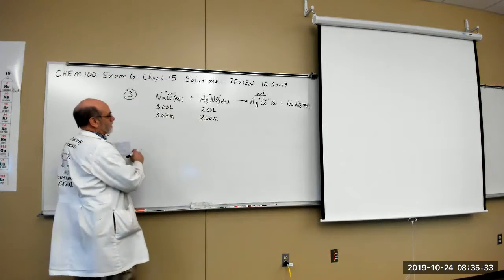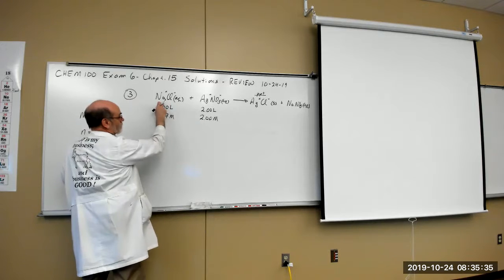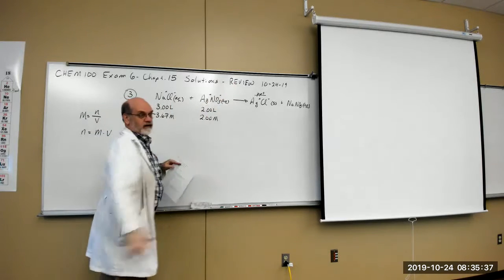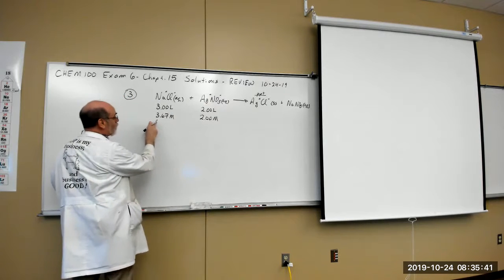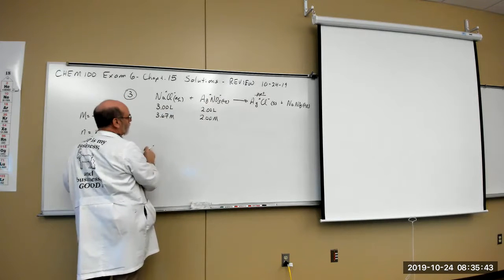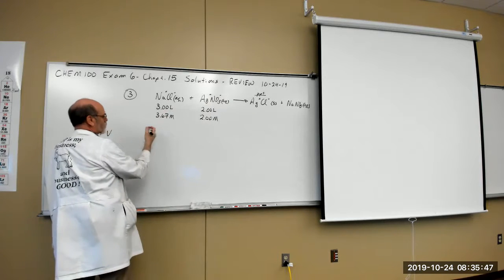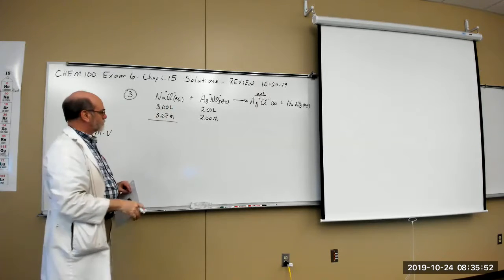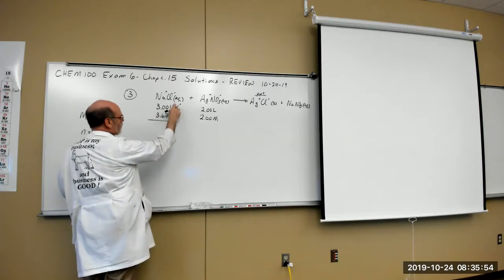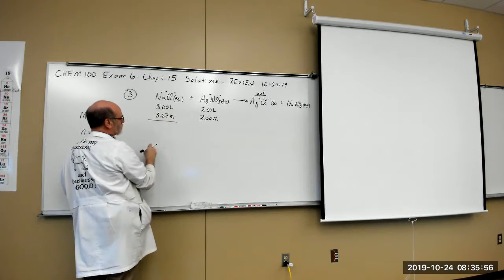So that means this is a balanced equation, right? It's just 1 to 1 to 1, all the way across. So we need to know how many moles of chloride. Well, which one's limiting? Let's put it that way. So we need to know moles before we can go anywhere. So volume times molarity equals moles.